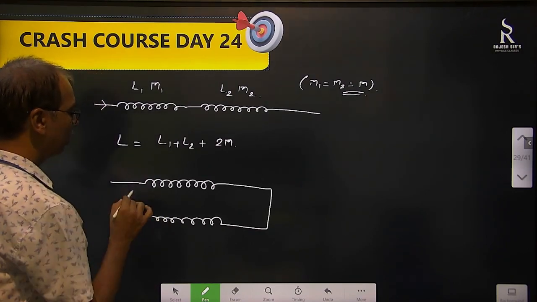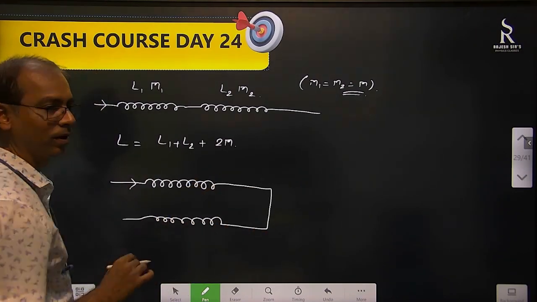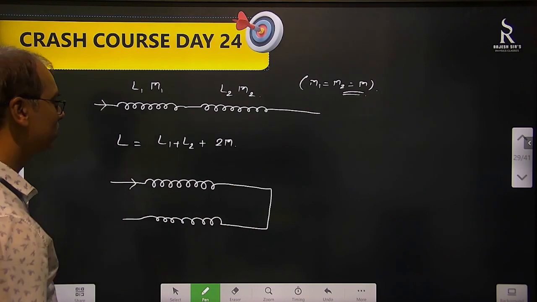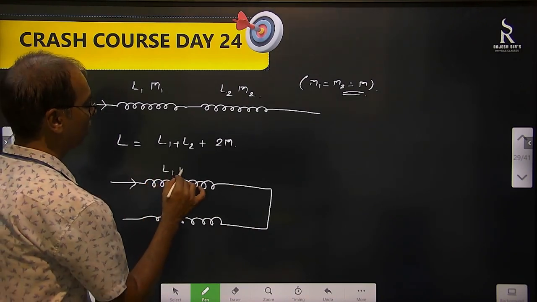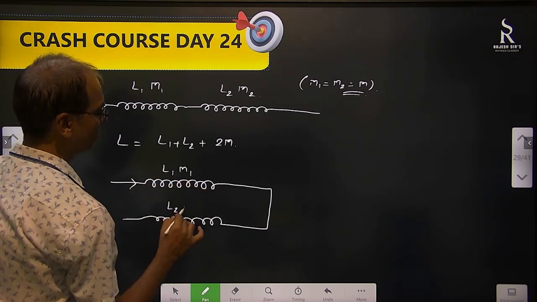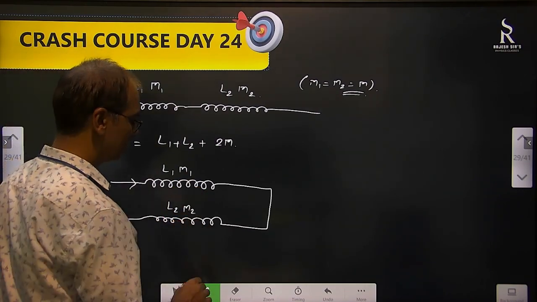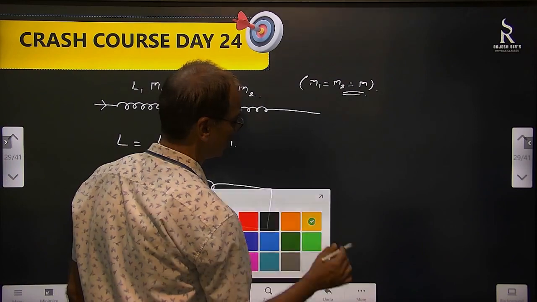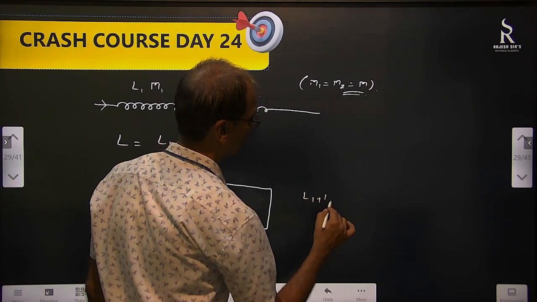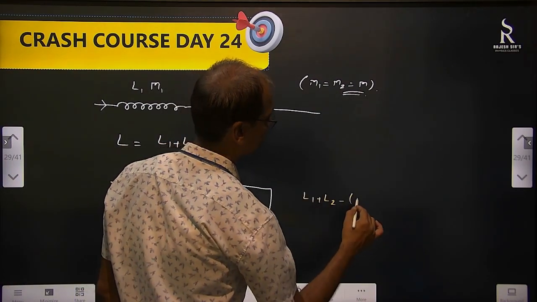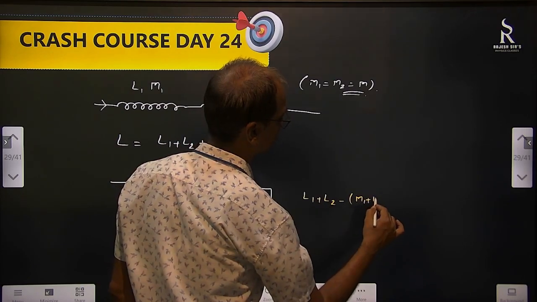They are not parallel, okay? The same current is going. They are in series only. Here is L1, M1, L2, M2. In this case, what is the net effective coefficient of inductance? It is L1 plus L2 minus M1 plus M2. Why?